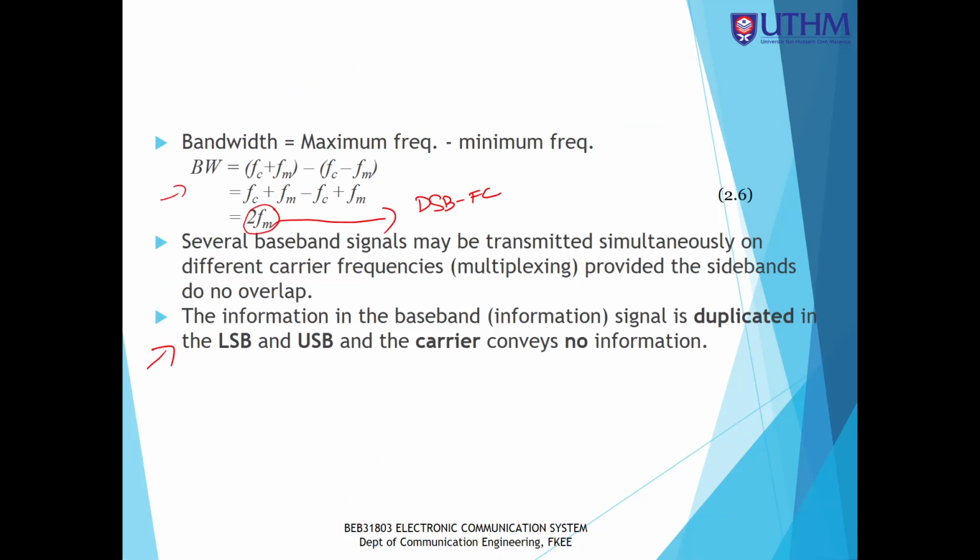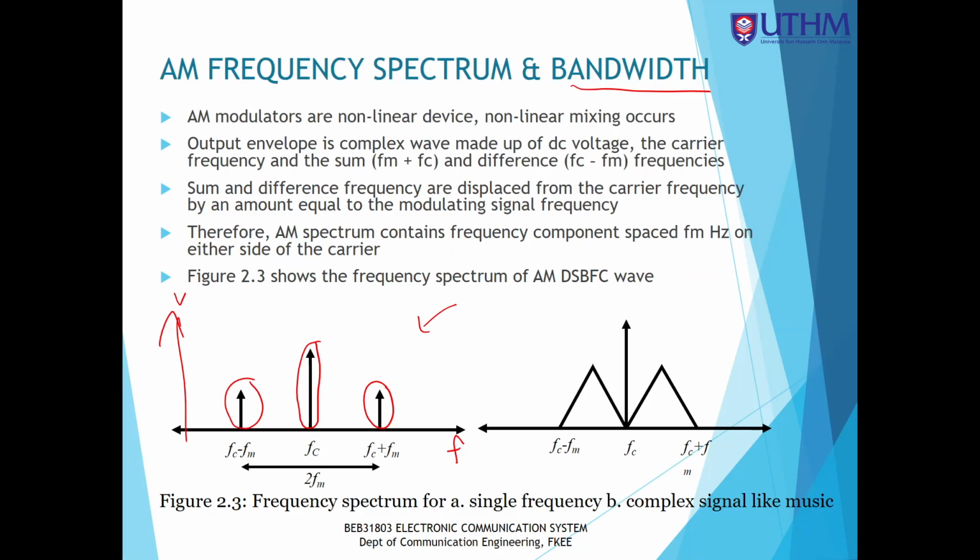So, you see that for double sideband full carrier, we have this. Later, you're going to see how to improve this so that we can reduce the power requirement, or reduce the bandwidth requirement. And for the efficiency, normally we see from two perspectives. About power, some applications have a limitation of power and require low power.